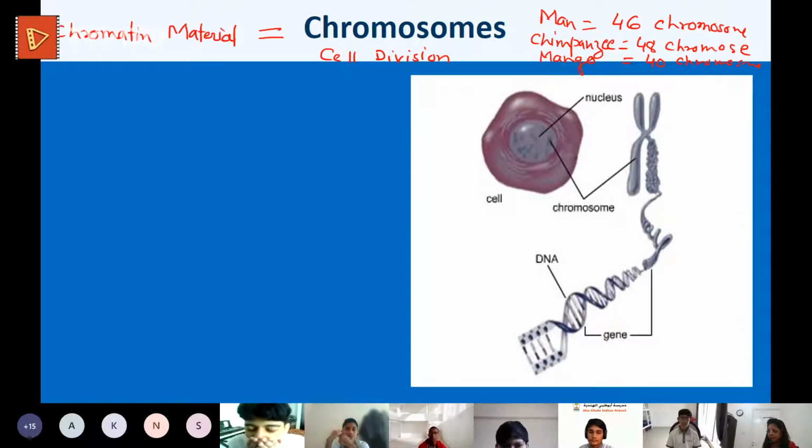Yes, ma'am. Although, ma'am, there will be 92 chromosomes at that time. What 92? Ma'am, a child receives 23 from the father and 23 from the mother. So 23 plus 23 is equal to how much? 46. So a baby also has 46 chromosomes.